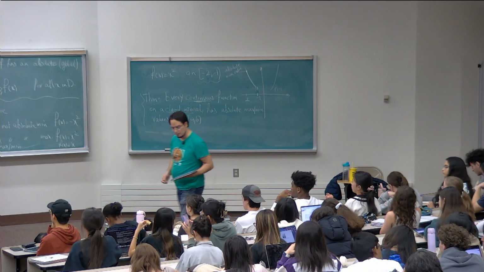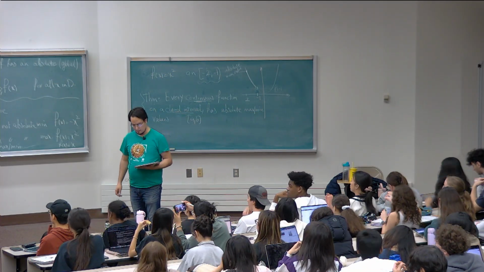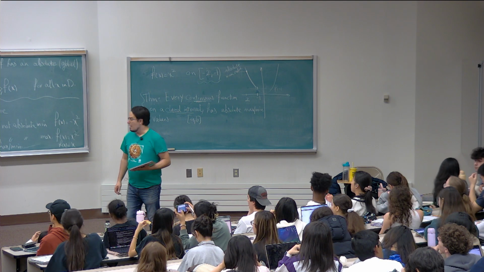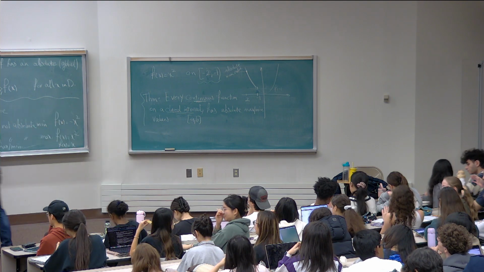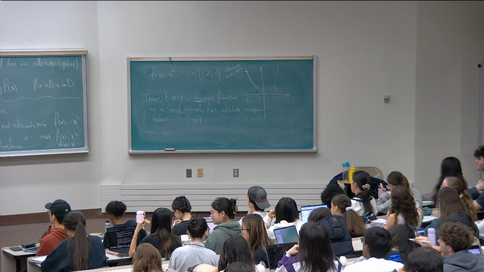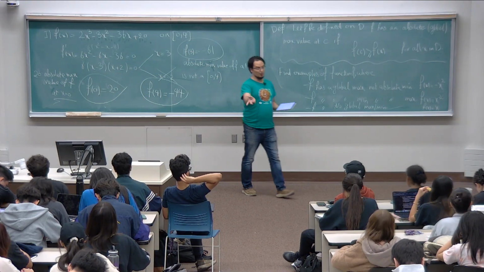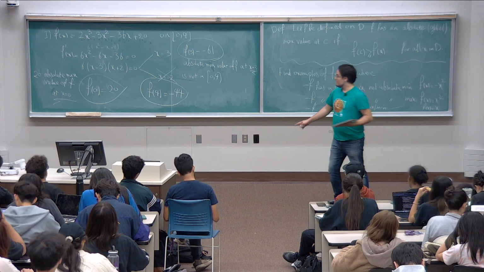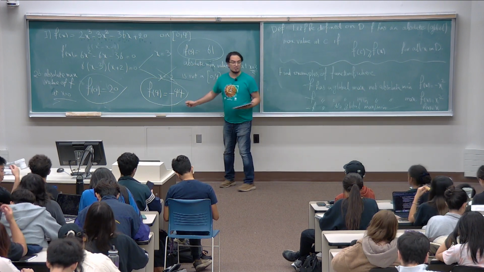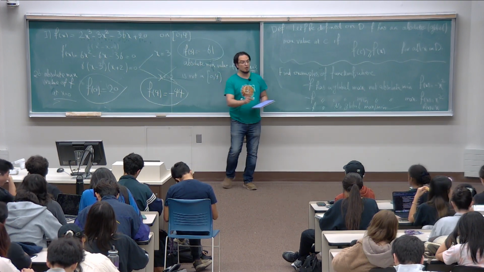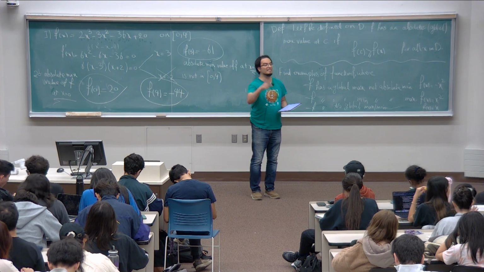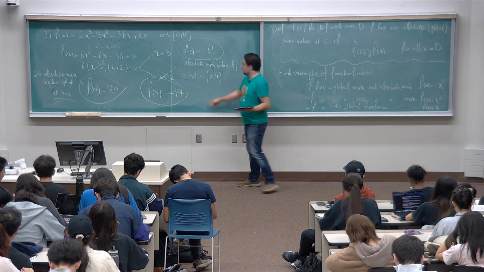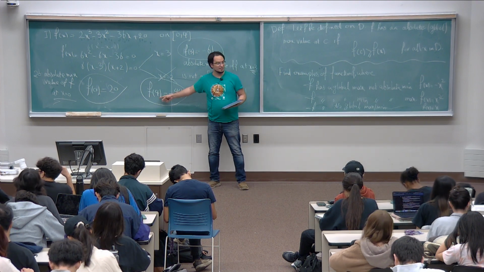Yes, please. So f of 4 is not going to be a local max or a local min. Why is it not local? Because we know local max happens only at the critical points. 4 was not a critical point.